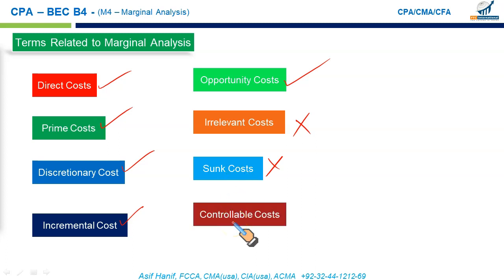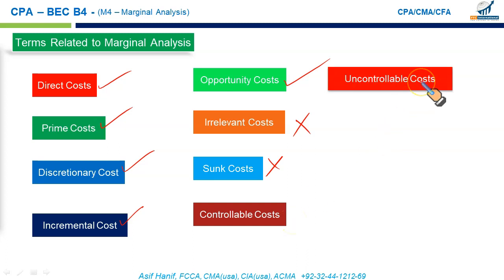Controllable costs. As the term suggests, these are the costs that a particular manager can control, that is in his discretion, that he decides to incur. So costs that are authorized by the business unit manager or the decision maker are called controllable costs. And by name, uncontrollable costs are the costs that a particular manager at a certain level cannot control.